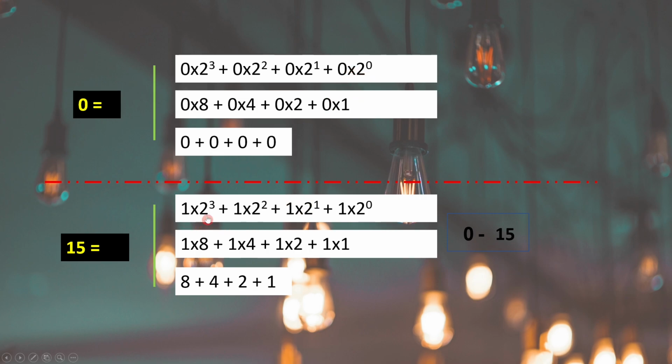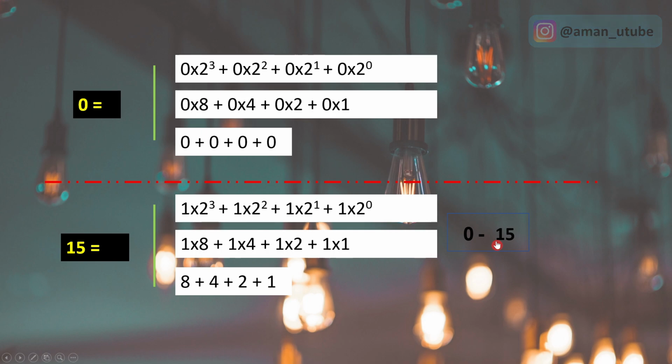For the maximum value, 1 into 2 raised to power 3 plus 1 into 2 raised to power 2 plus 1 into 2 raised to power 1 plus 1 into 2 raised to power 0. 8 plus 4 plus 2 plus 1, that is equal to 15. So the range of 4 bits of data is from 0 to 15.